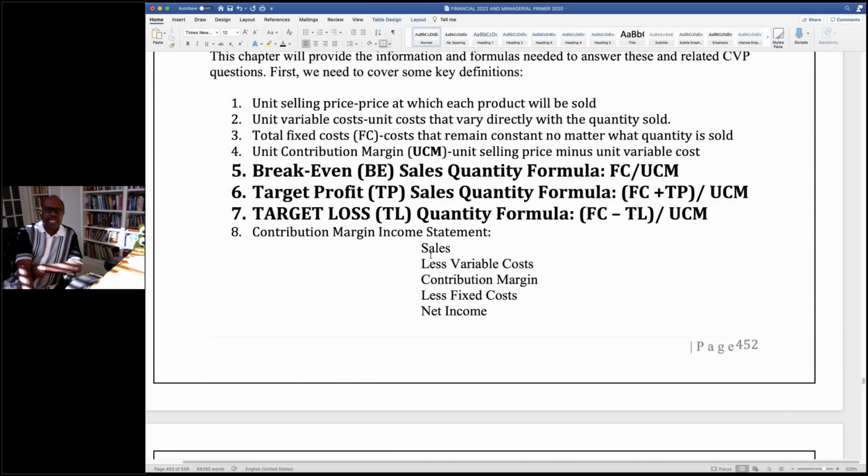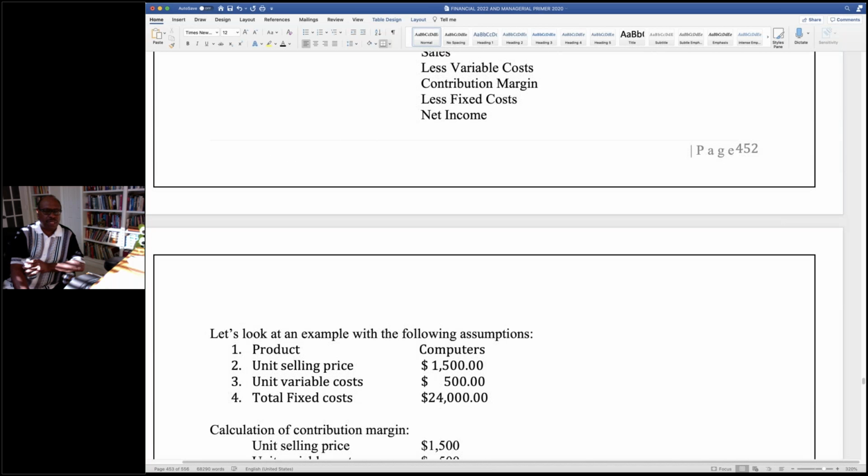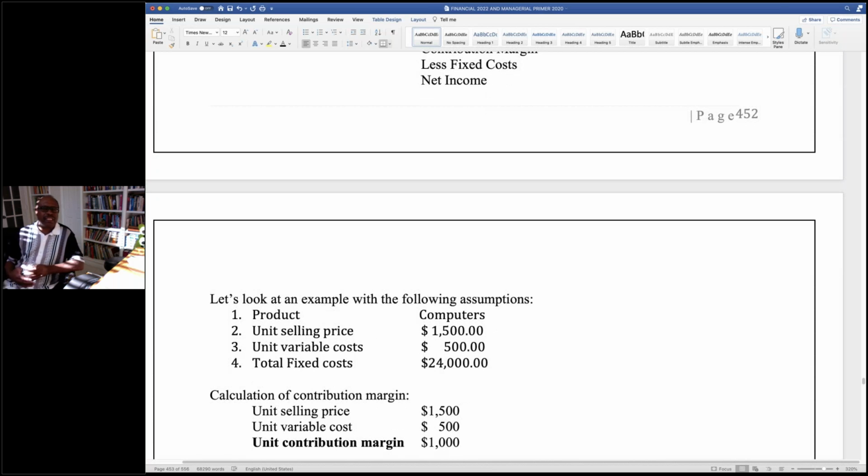So it's no longer sales less cost of goods sold, gross profit less operating expenses. It's sales less variable costs gives us the contribution margin, less fixed costs gives us the net income in this planning mode.